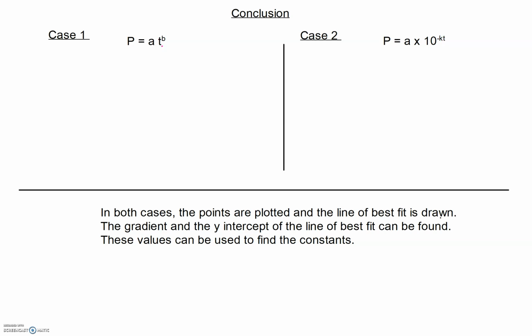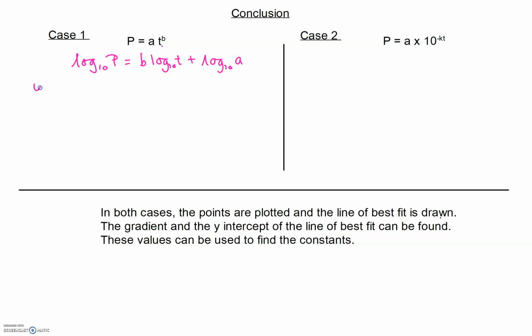So in both cases, we take the logarithm of both sides of the equation. We usually use log to the base 10, but it is possible to use ln, the natural logarithm. The new equations are then rearranged using the laws of logarithms so that they're in the format y equals mx plus c. So in case 1, we ended up with log to the base 10 of p equals b log to the base 10 of t plus log to the base 10 of a.